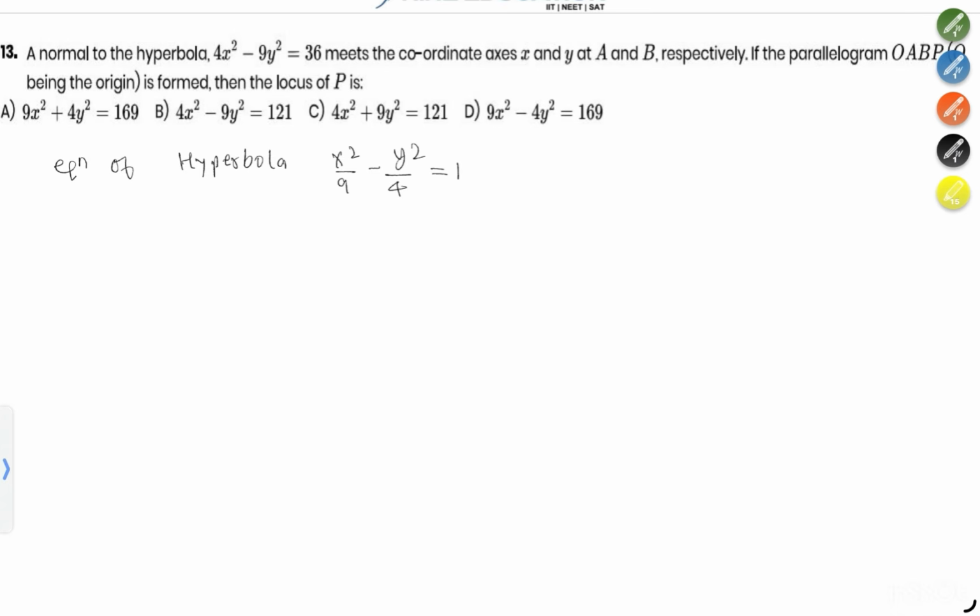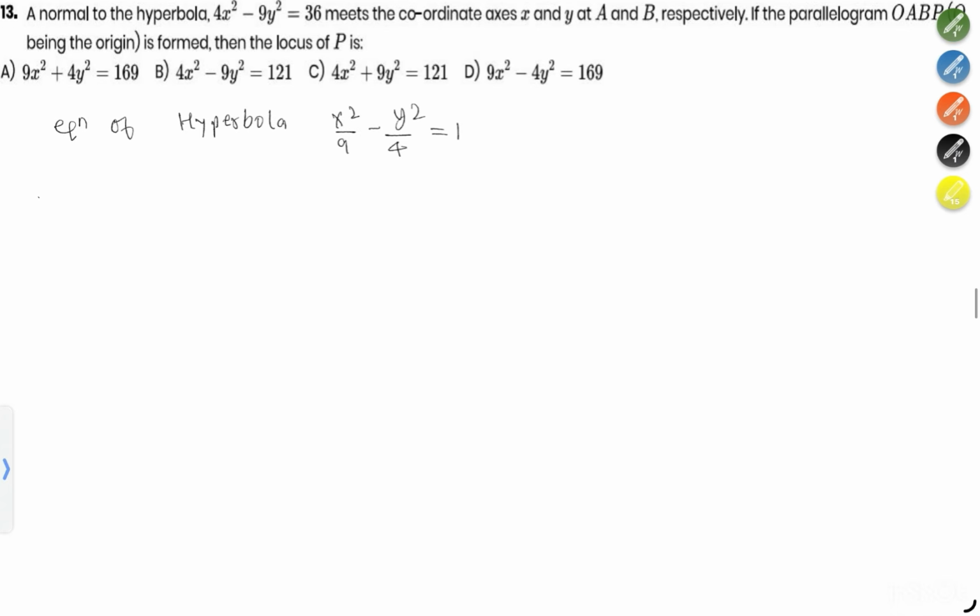So let us write the equation of the normal in parametric form. The equation of the normal we get is ax cos theta plus by cot theta equals a square plus b square.